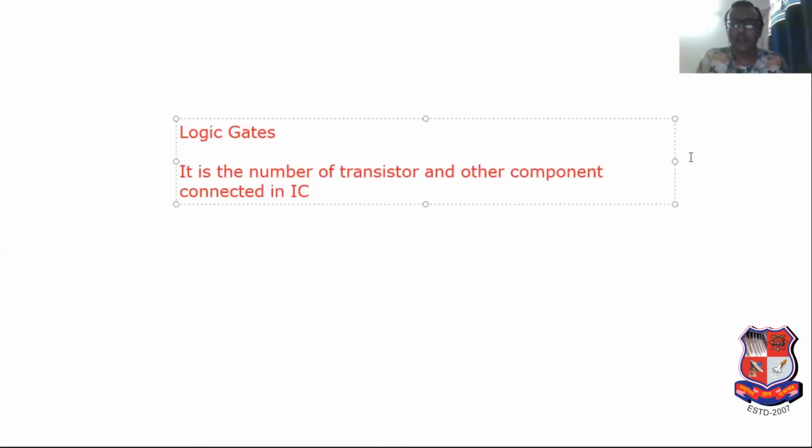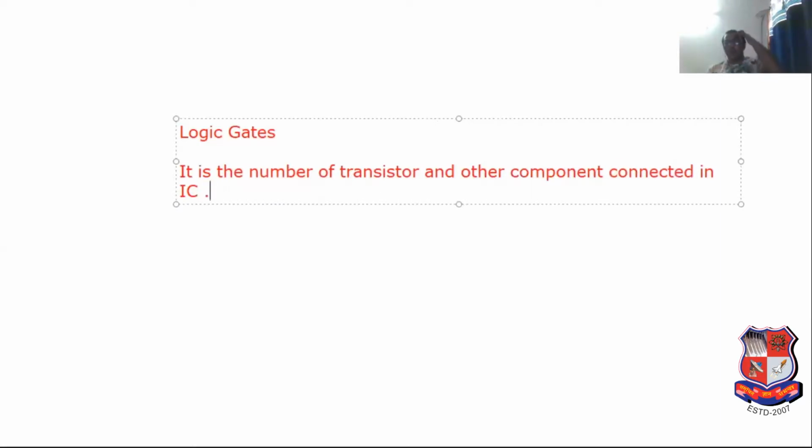IC means what? Integrated circuit. What is the meaning of integrated circuit? Integrated circuit means several electronic components connected in one particular chip.